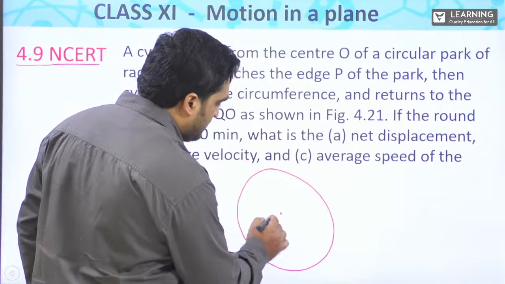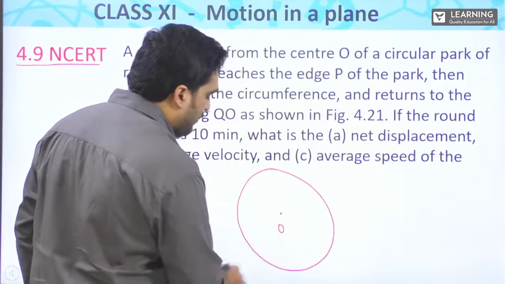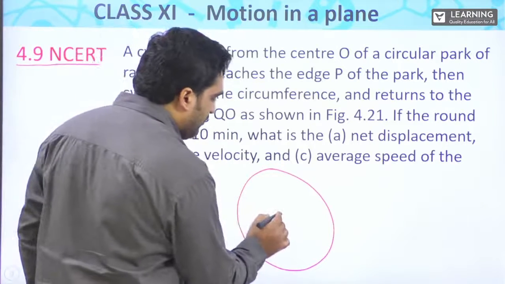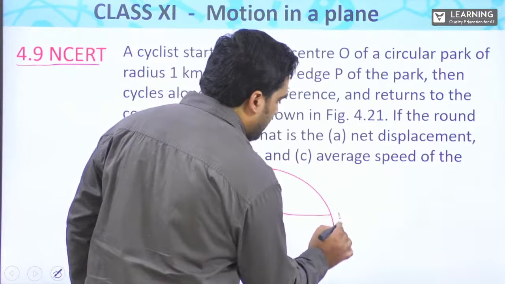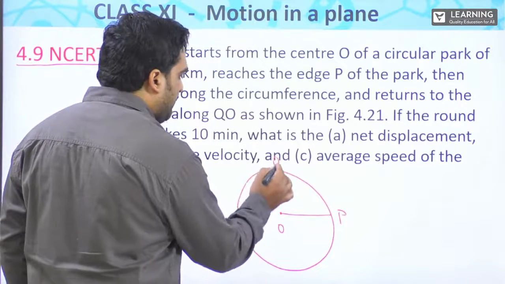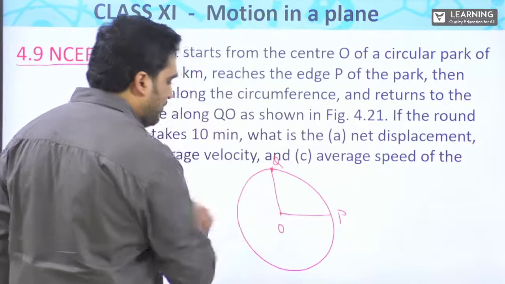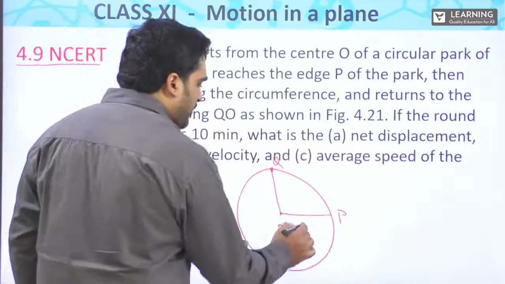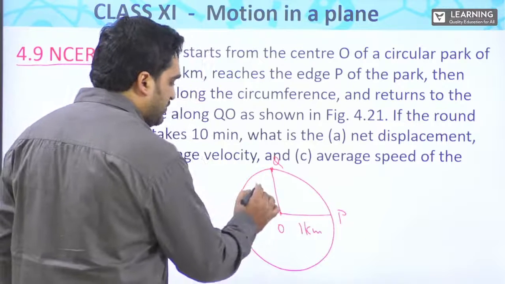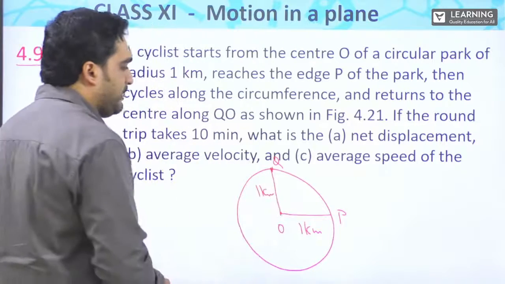Here is my circular track with center O. So this cyclist starts from O, goes to P, travels along the circumference, and from Q he returns back to O. The length of OP, radius of this circle, is 1 kilometer. So this is also 1 kilometer.